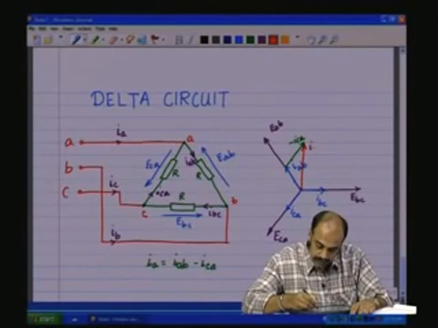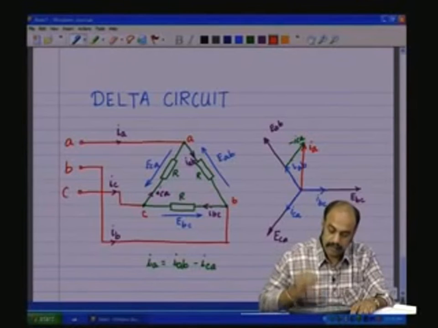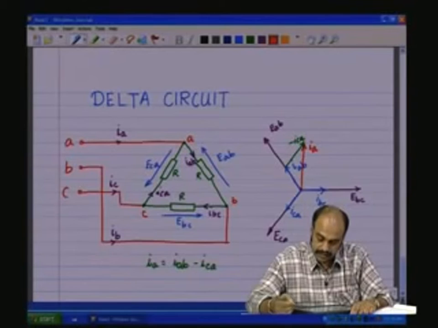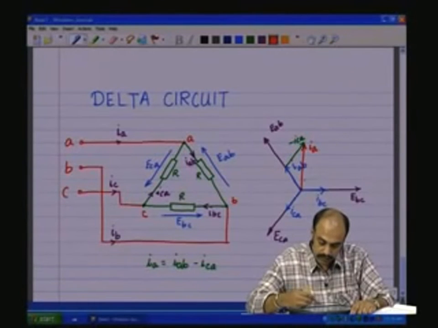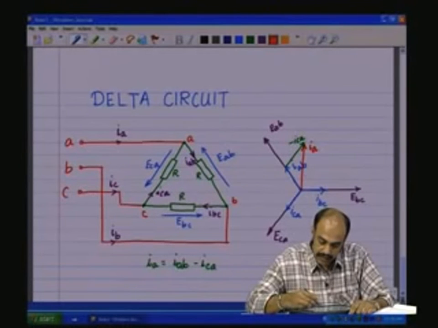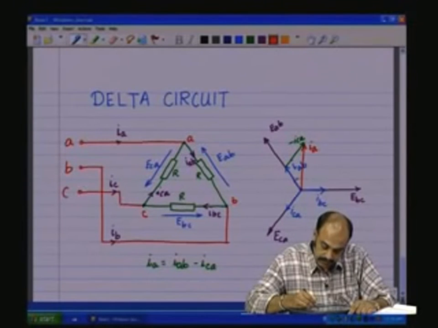This is IA. So, you see IA is the vectorial sum of IAB minus ICA. So, this would be IA, and note that IA and IAB are having a phase difference, and that phase difference is again 30 degrees.